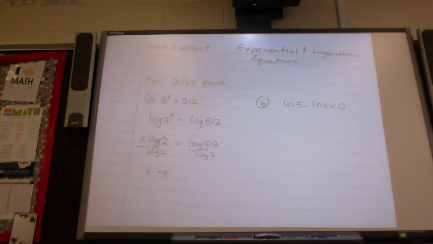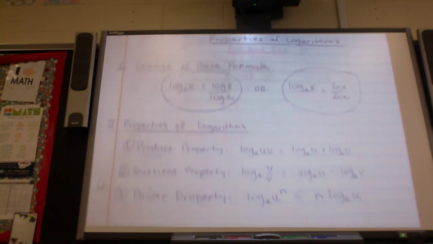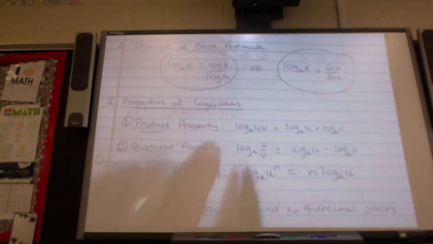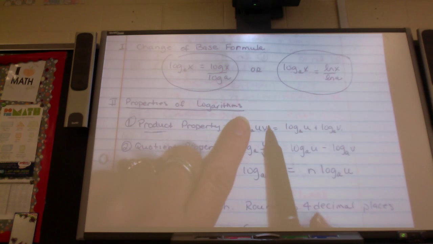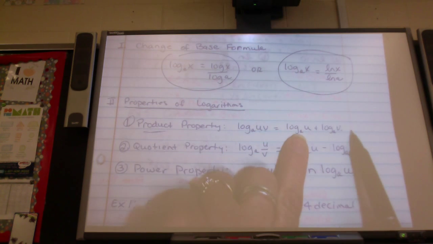Let's maybe refresh those rules. Here are our properties. We can split them up if we're taking the log of two things being multiplied together: log a plus log b.